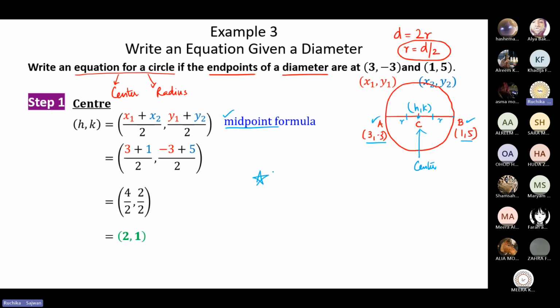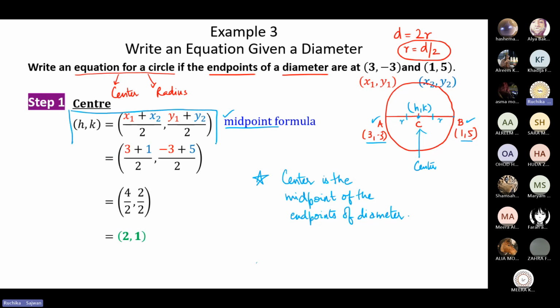So if you want to write in your notebook so that you don't forget, you can write this line, not given in your book: the center is the midpoint of the endpoints of the diameter. Can I say I use this for this step? If you think you will forget, please write this along with the formula for midpoint.